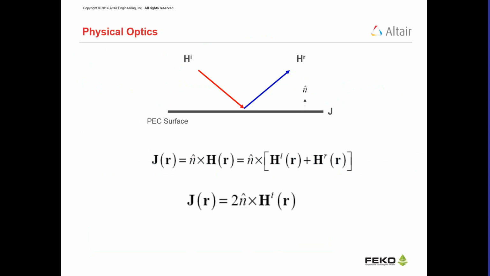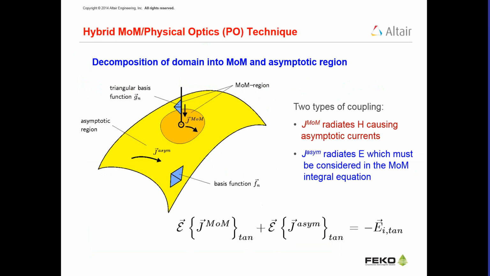But one of the unique features in FEKO is that it has also been hybridized with method of moments. That means your antenna, which could be very sensitive to the accuracy of the currents you compute, could be modeled using method of moments, and the platform, which could be a smoother surface, can be modeled using physical optics. So both methods can exist in the same problem, giving you very accurate answers.